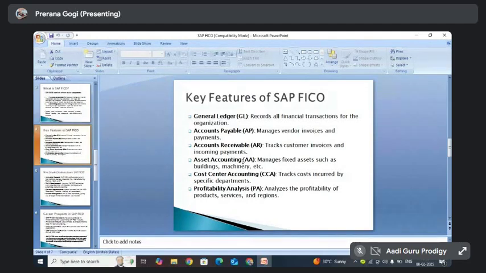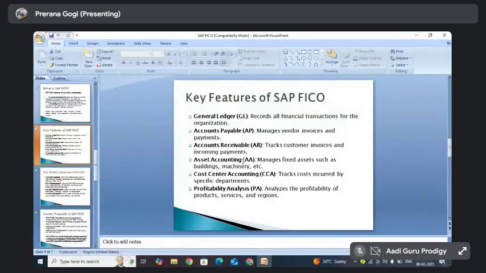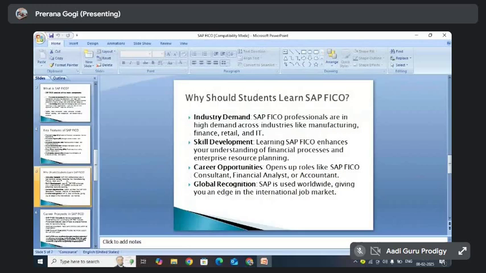If an NRI is traveling from abroad to India or from India to abroad, the company gives their TA/DA and all those things, and those people will ask for the reimbursement of the money. Can you guess? We have people sitting in SAP saying that he is doing only the reimbursement. That's such demand we have for SAP FICO.